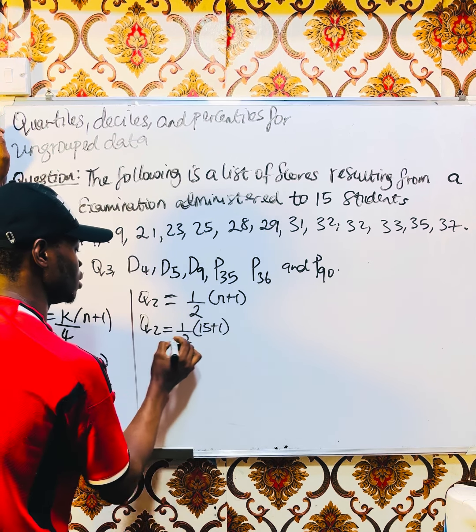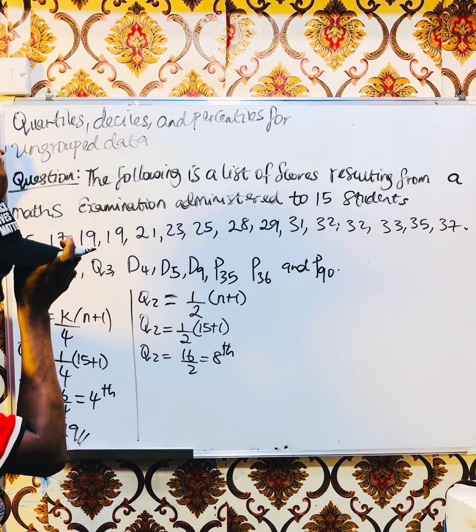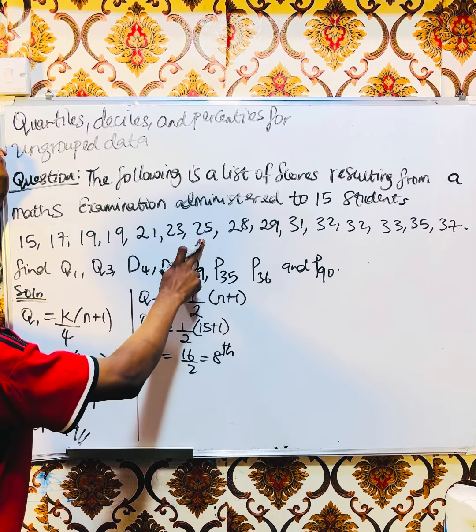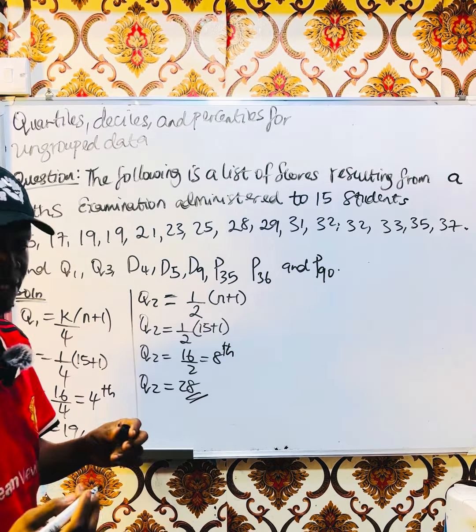So our Q2 is in the 8th position. We count 8 times: 1, 2, 3, 4, 5, 6, 7, 8. So Q2 is equal to 28. If you look at it, there are 7 values on each side, which is true for the median.